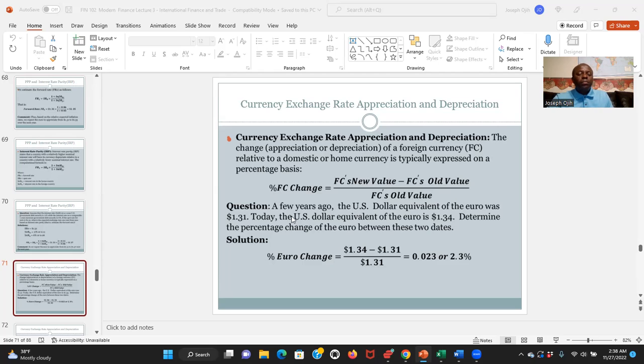What does that mean? A few years ago, the US dollar equivalent of the euro was $1.31, which means that 1 euro can buy $1.31. Now, I want to show you something here.